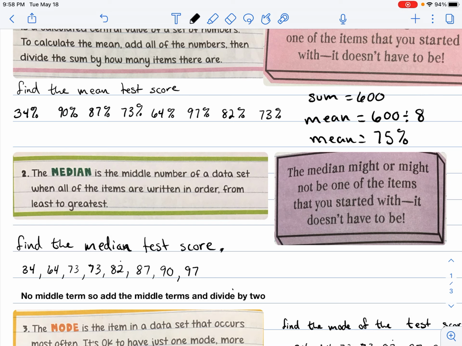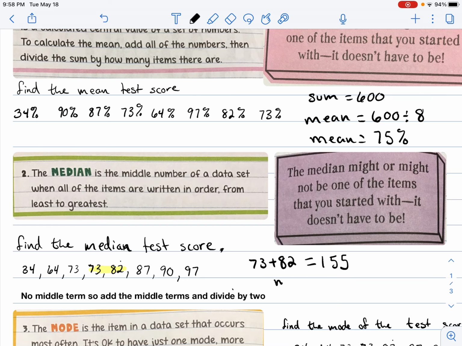So looking at the test, you come over here. These are the 2 middle points. So we're going to add them together: 73 plus 82. That's going to equal 155.